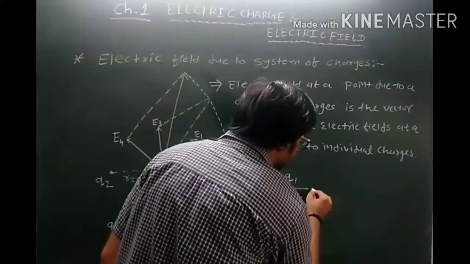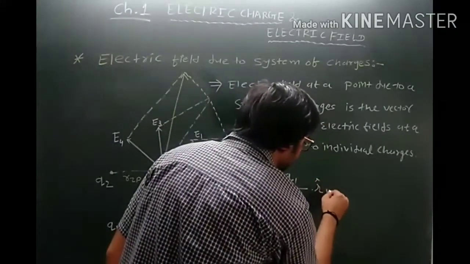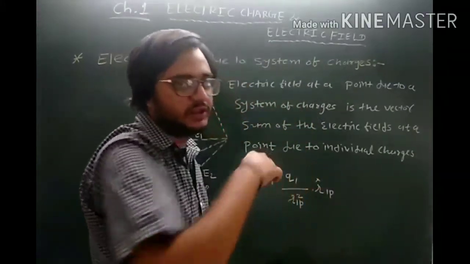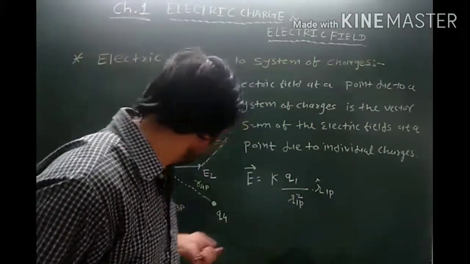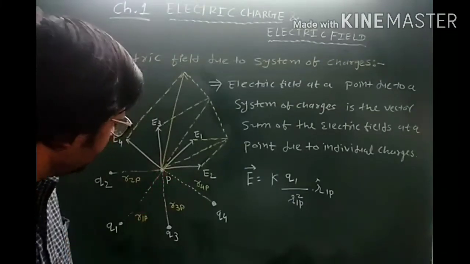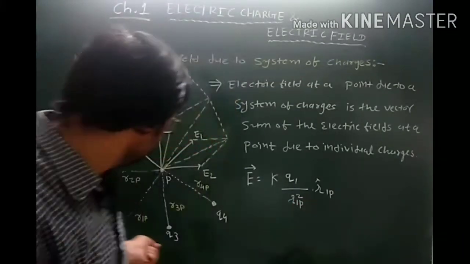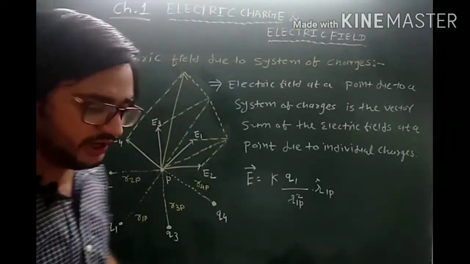So here we consider a unit vector. The unit vector R1P gives the direction from Q1 to P, and R1P is the distance between the charge Q1 and point P.